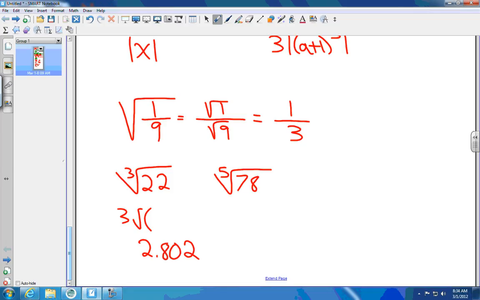It's got an X in it. It looks like that. Again, it's 2 above the one we were at last time. Push enter there, and it automatically makes the 5 be your index. So all you have to do is type 78 and push enter, and you get 2.390.